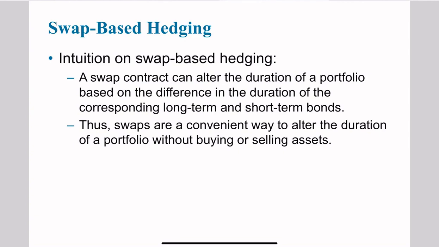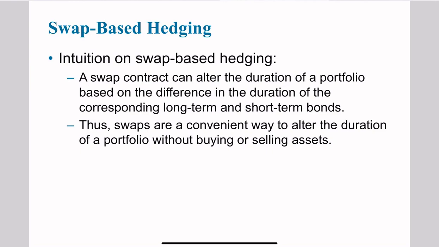So this implies that a swap contract can change the duration of a portfolio based on the difference in the duration of the long-term bond and the short-term bond. So swaps will be a convenient way to change the duration of a portfolio without buying or selling assets. So that's just the basic intuition here.